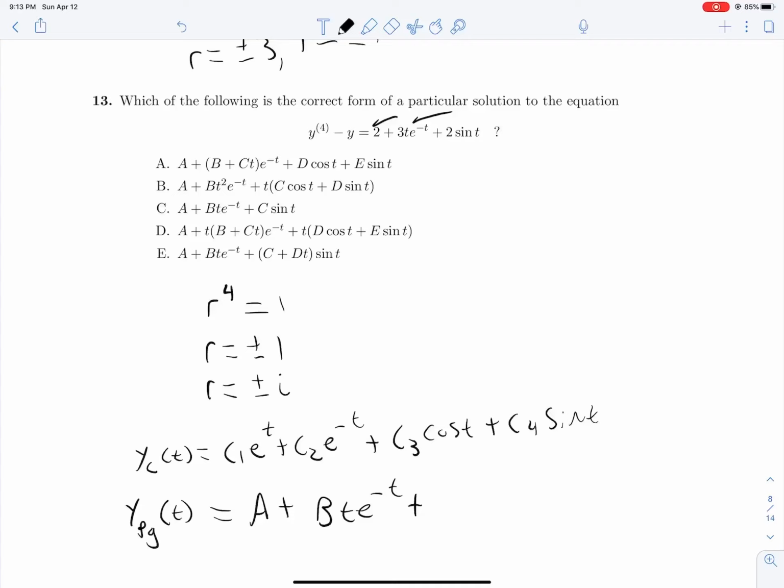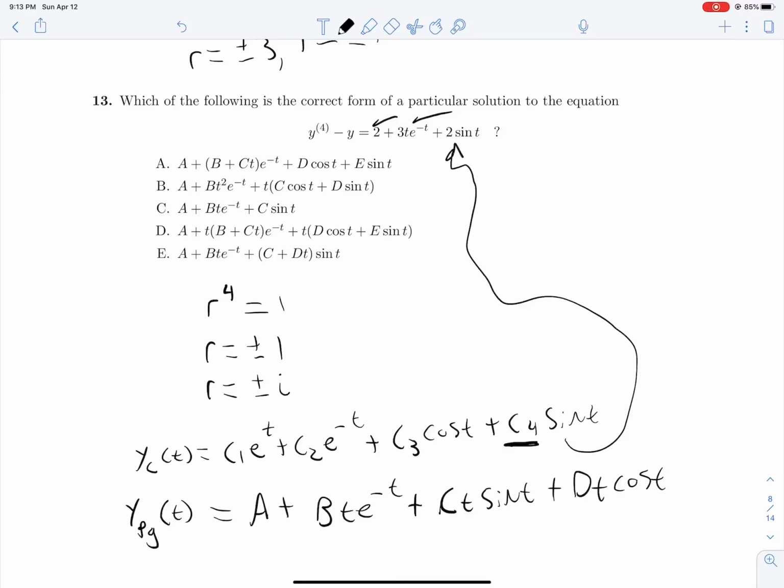So we'll have plus ct sine t plus dt cosine t. And remember, we are multiplying these by t so that we don't have some constant times sine in here and some constant times sine in our guess for y particular.